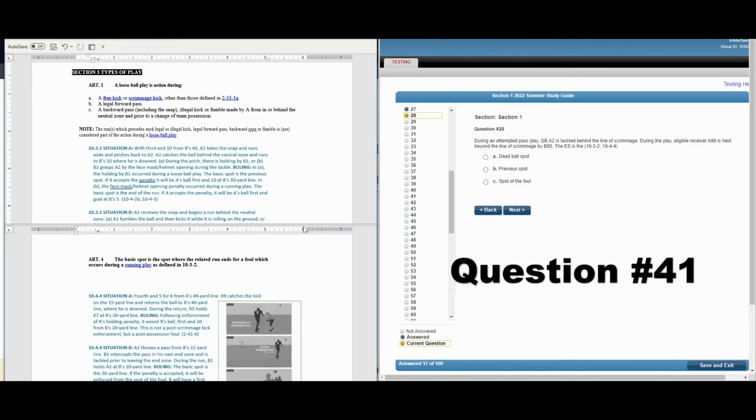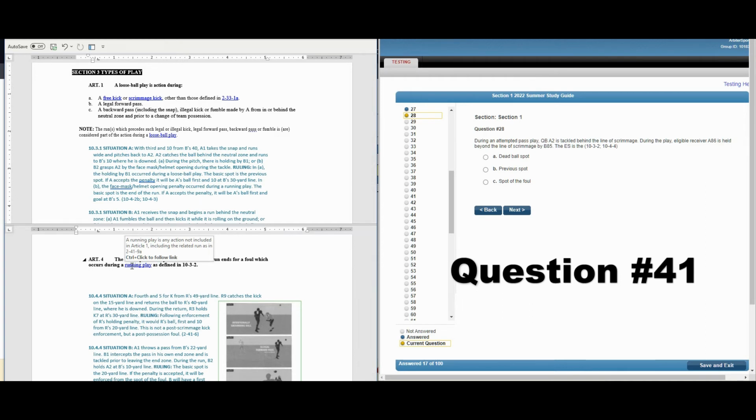They're both defined in 10.3. So, 10.3.1 says a loose ball play is action during a free kick, a scrimmage kick, a legal forward pass, a backward pass, illegal kick or fumble, and so on. In other words, the ball's moving, ball's in the air, ball's released. Article 4 says the basic spot is where the related run ends for a foul which occurs during a running play. And a running play is any action not included in Article 1.